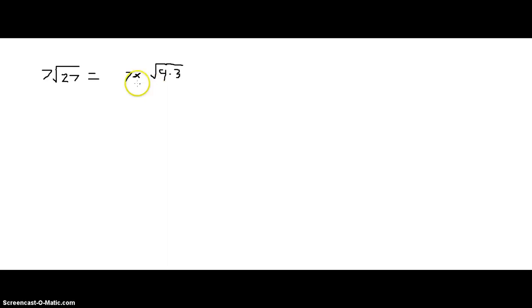Based on the rules I just showed you, this can translate to 7 times the square root of 9 times the square root of 3.